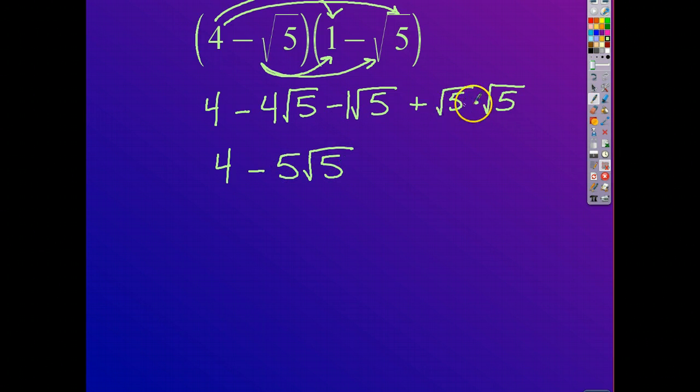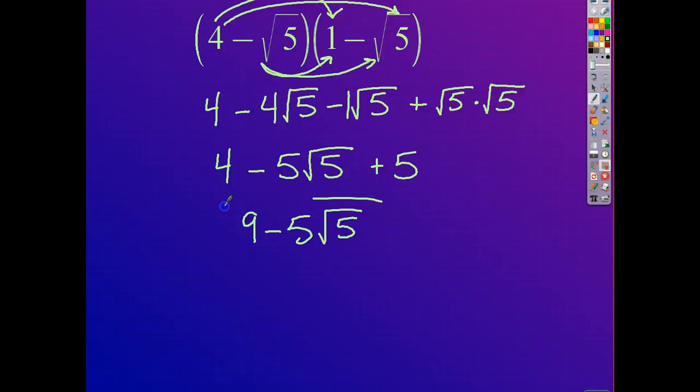And then the square root of 5 times the square root of 5 is going to be 5, so that's going to be plus 5. So when I'm done, I get 9 minus 5 radical 5. Hopefully you see how that looks like one of the binomials, especially since this term in the end is the same. All right, so that's your answer there.